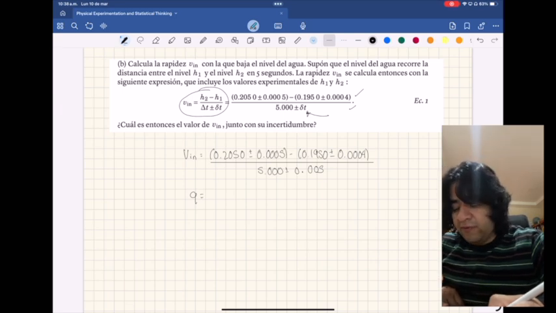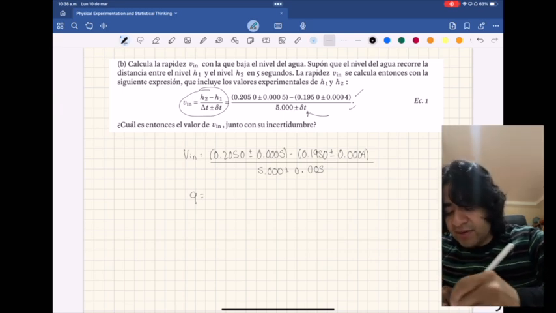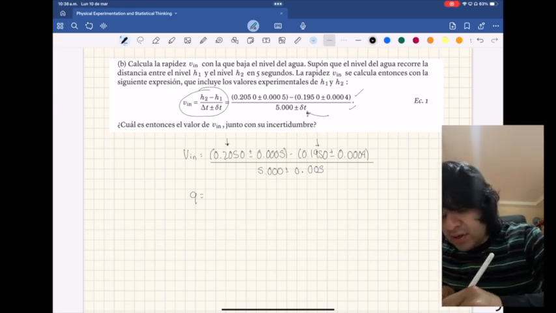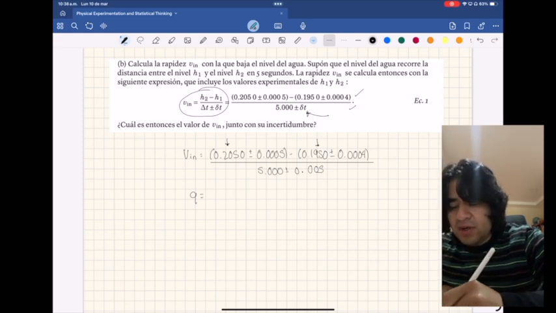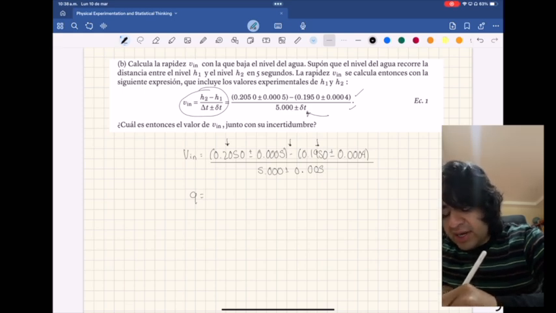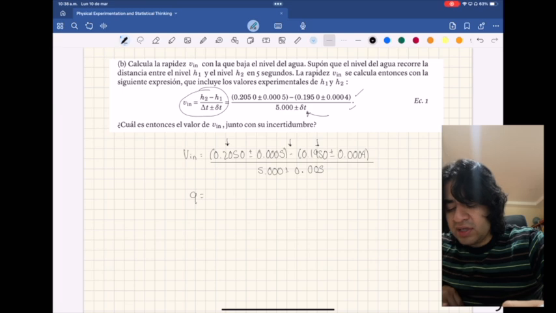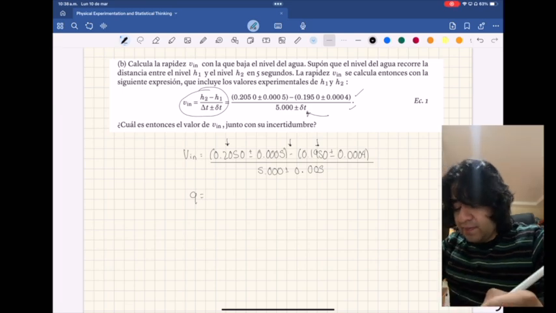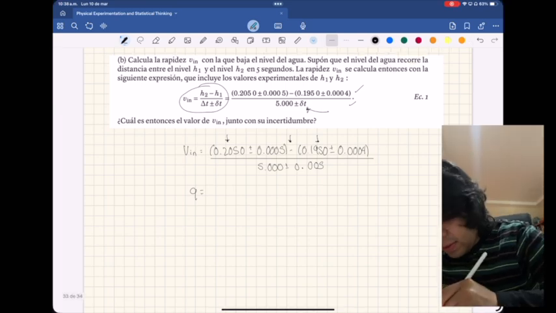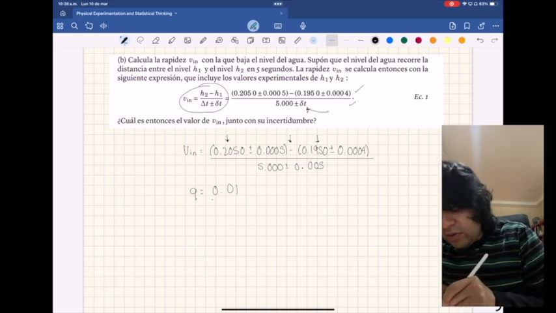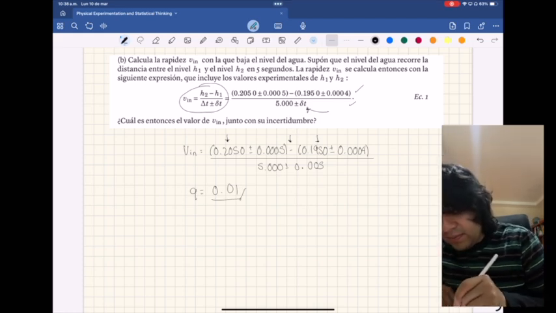The quick rule for subtractions indicates that the main measurements will follow the operation indicated here. So we are gonna subtract both quantities. Here our result is 0.01.